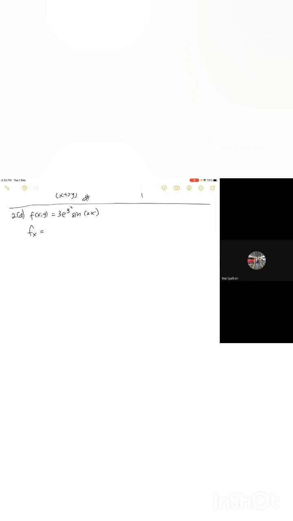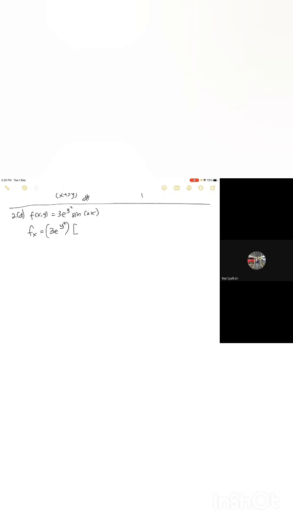Okay, see, I want to differentiate with respect to x. So y is constant. So saya tulis siap-siap. I just write down everything regarding y. Okay. Then I will only differentiate the 2x. However, the 2x is attached to sine. So before differentiating 2x, you have to differentiate the sine.